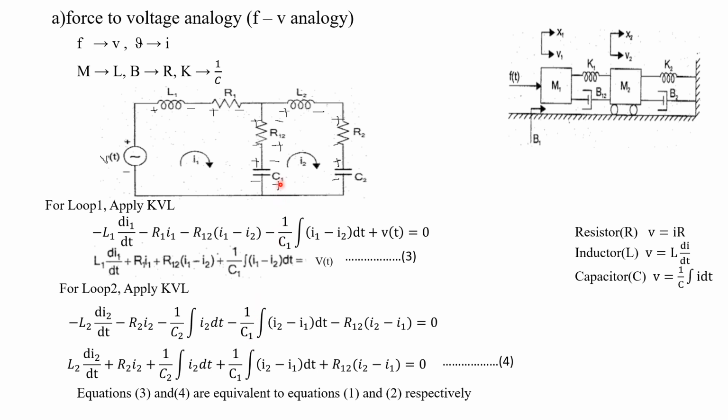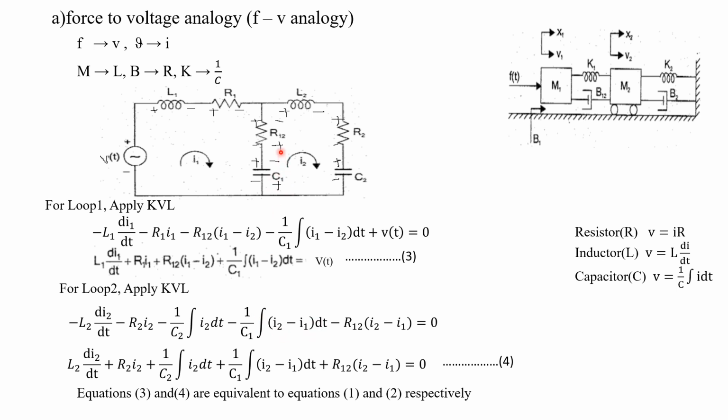What about the voltage drop across the capacitor C1? 1 by C into integral I dt, this is a general formula. So here it is 1 by C1 into the integral. Here you have to write the difference in current, because through this capacitor C1, two currents are flowing, I2 as well as I1. So we have to consider I2 minus I1 because we are writing the equation for loop 2. So this current should come first, I2 minus I1 into dt.